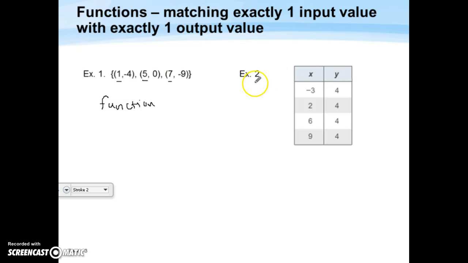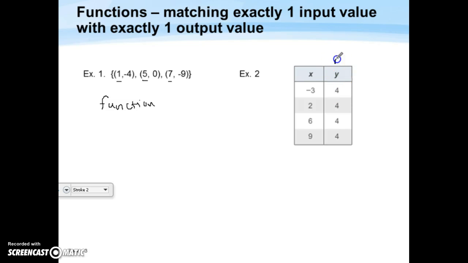Looking at example number 2 as a table, I'm looking at all of my different x values. I have a -3, a 2, a 6, and a 9. Even though they're all matched up with a 4, each x value is different, so that's okay. So -3, if you put in -3 into your function, you get out a +4.